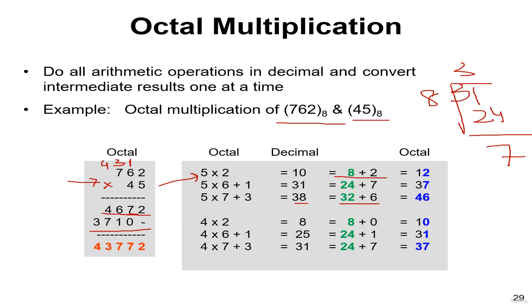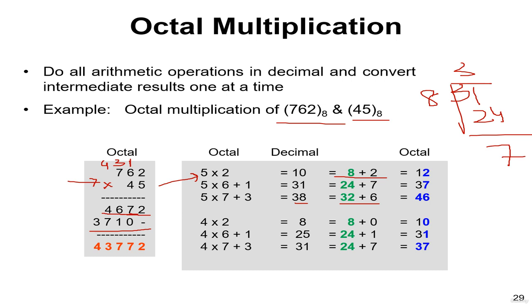762 multiplied by 4. Once you do the multiplication, you are going to express it in terms of powers of 8, right? And right there. So once all the multiplication is done, you obtain this 3710. Then you are going to carry out the addition of these. Like this would be 2, 7 plus 0, 7, 6 plus 1, 7, 4 plus 7, right? This becomes 11, right?